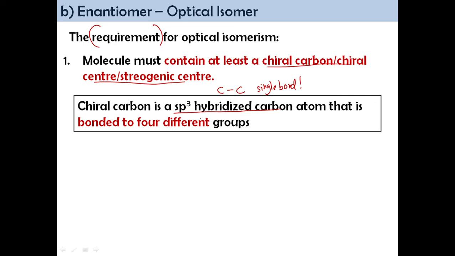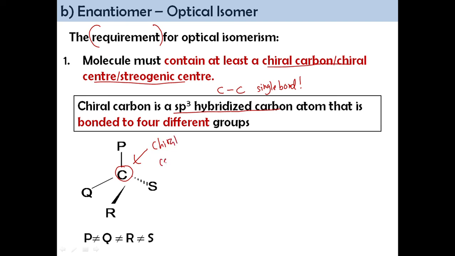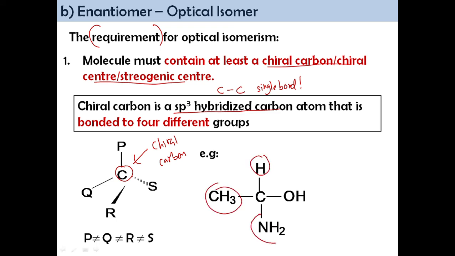Tak boleh double bond. Okay, bonded to 4 different group. Okay, so contoh saya ada ini. Okay, nampak tak carbon ini? Bonded to P, Q, R dan S. And P is not equals to Q, not equals to R, not equals to S. So this carbon is a chiral carbon. Okay, so ini contoh kita. Okay, boleh nampak hydrogen, CH3, NH2 dan OH adalah 4 grup yang berbeza.